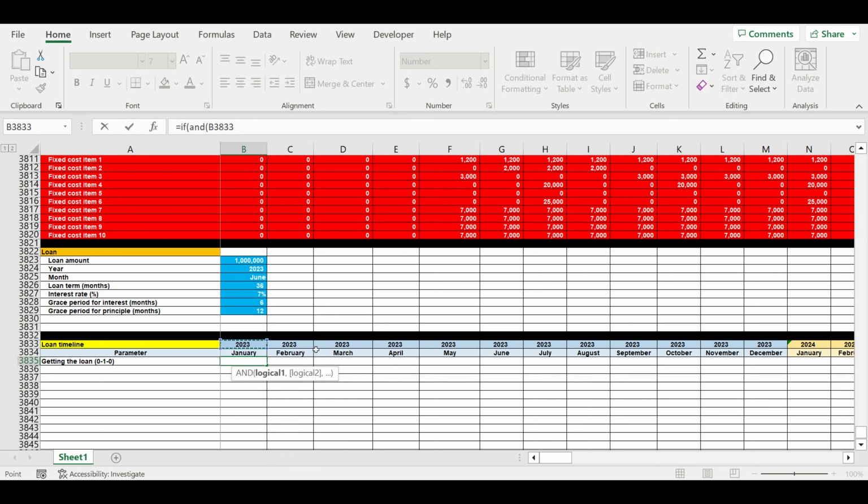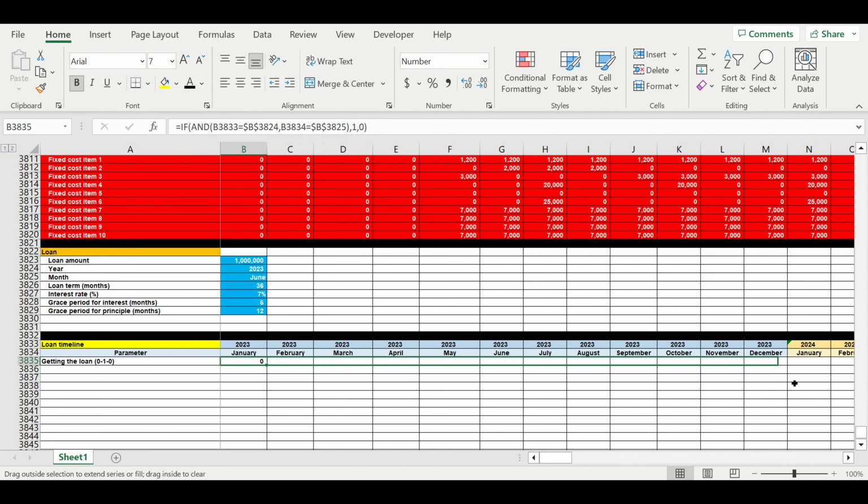If this value equals this, and this month equals this, then we put 1, otherwise 0. So this is the moment when we get the loan.